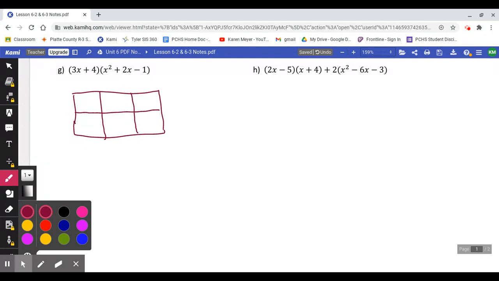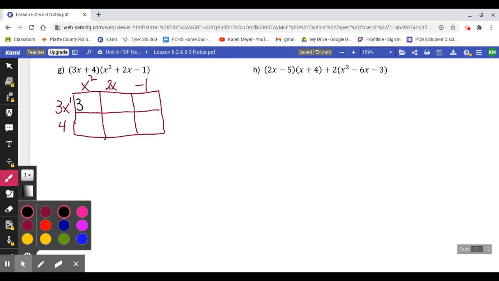So I have 2 sections times 3 sections. So the 2 sections go on the side. So 3x and 4 go on the side. The one with 3 sections goes on the top. So x squared, 2x, and negative 1. So now let's multiply. 3x times x squared.